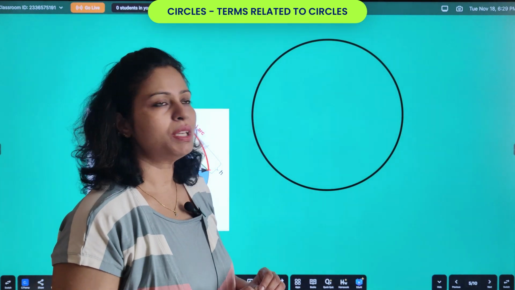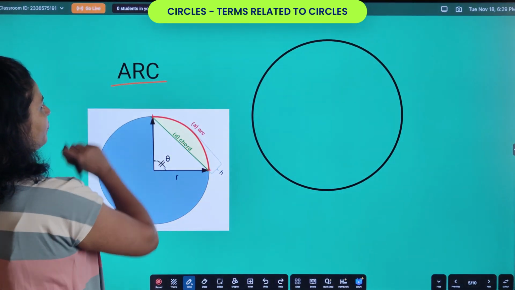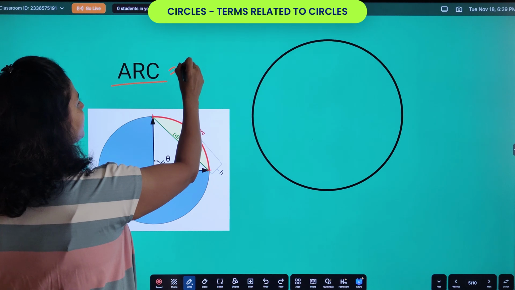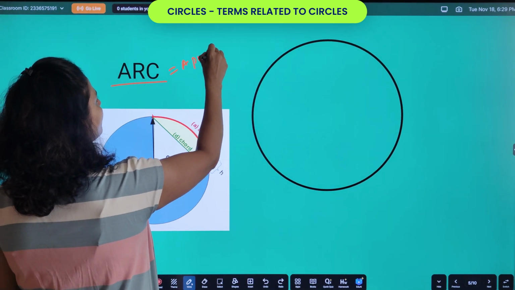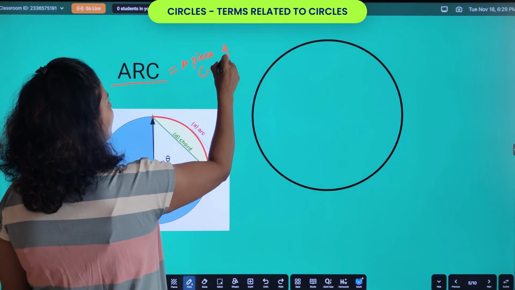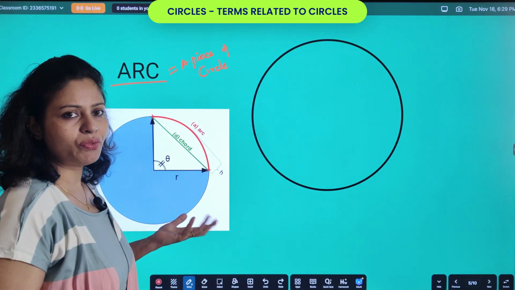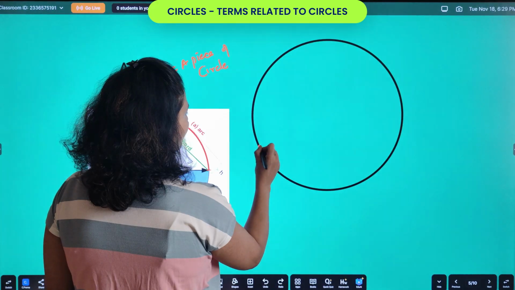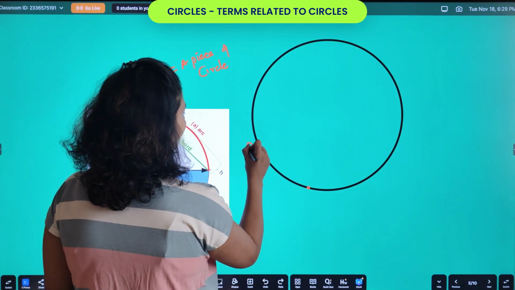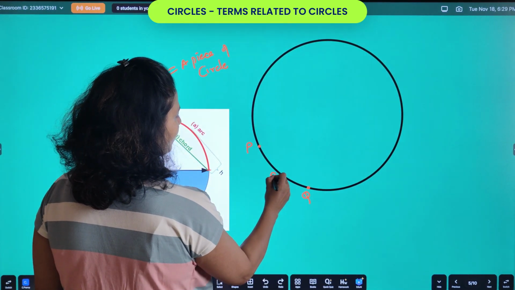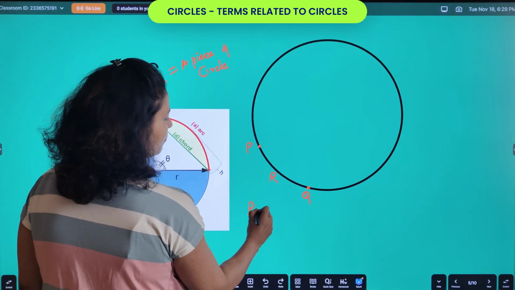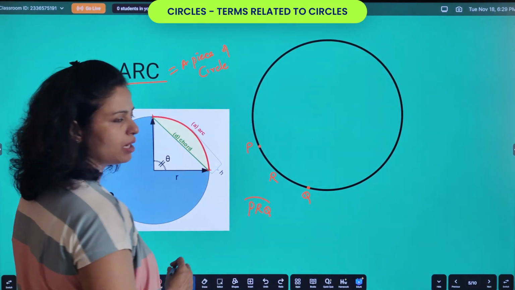Now the next term is the arc. An arc is nothing but a piece of a circle, in very simple language. Suppose I take this point and this point, and name them P and Q, with R between them. I will say this is arc PRQ.